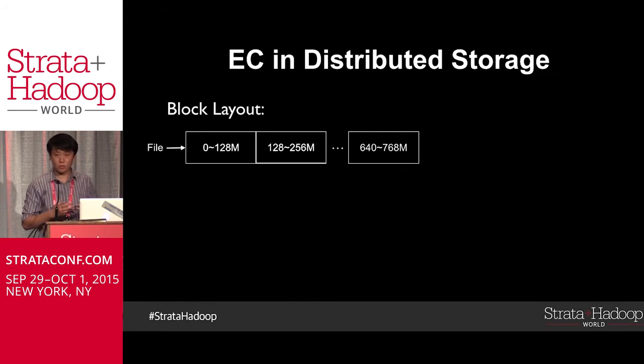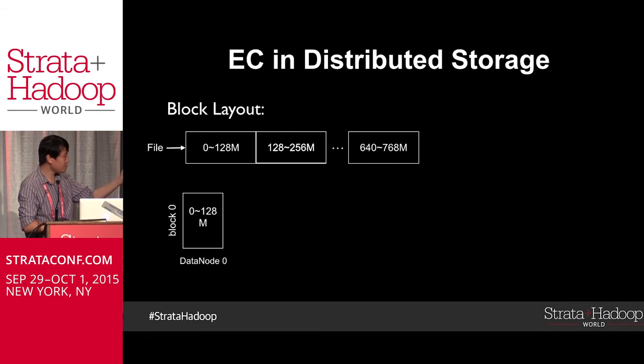To store those logical blocks, we need to map those logical blocks to storage blocks, which are stored on storage servers. The most simple mapping between logical and storage block is called contiguous mapping. For each logical block, we have a one-to-one mapping to a storage block.